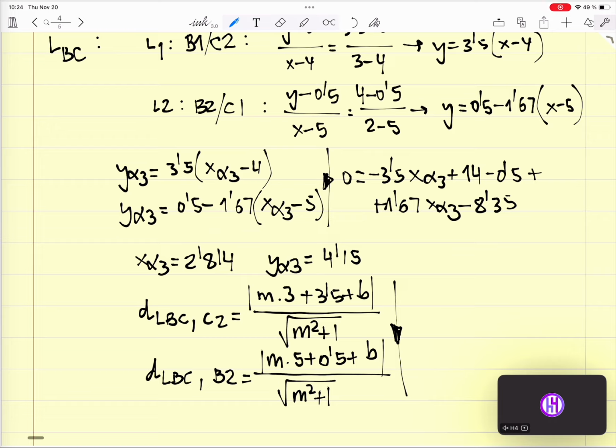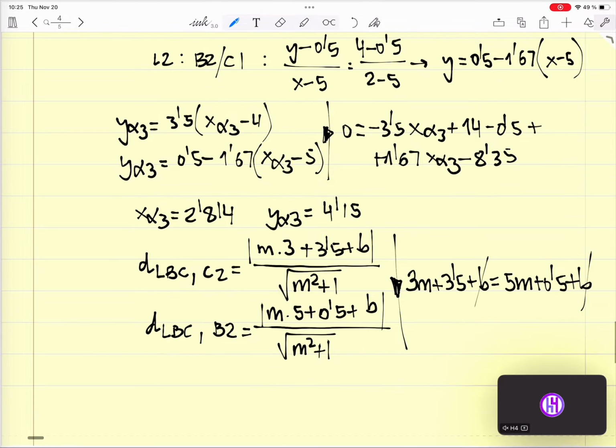So this turns into 3m plus 3.5 plus b equals 5m plus 0.5 plus b. B goes, so that m turns out to be 1.5.